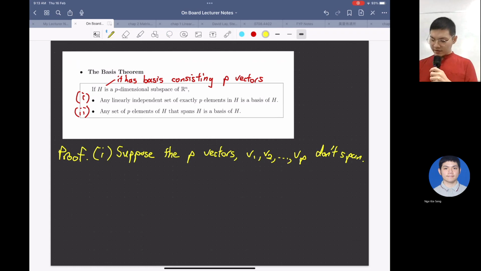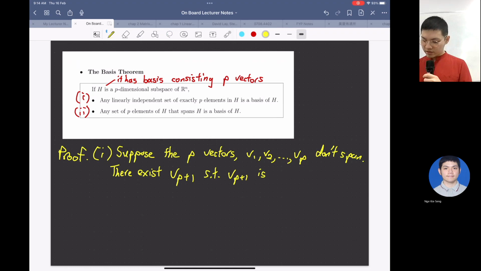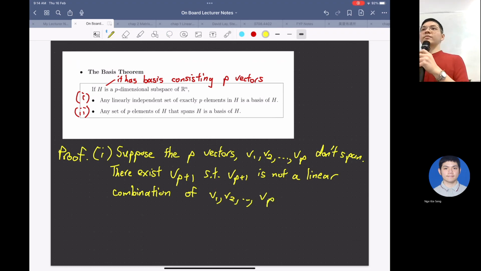If it doesn't span, this means there exists another, extra vector, call it vp plus 1, such that vp plus 1 is not a linear combination of the previous vectors. Does it make sense? Suppose it doesn't span, so that means you have one vector that cannot be written in terms of those vectors.